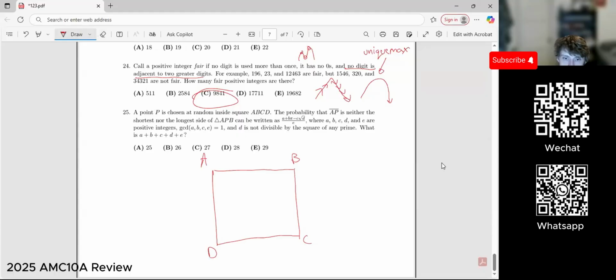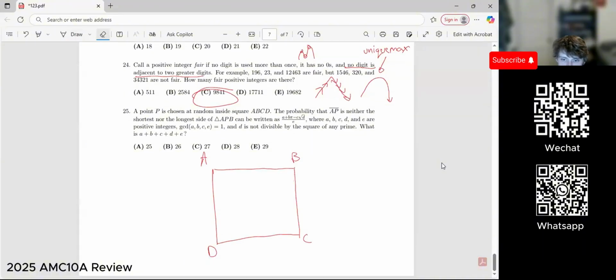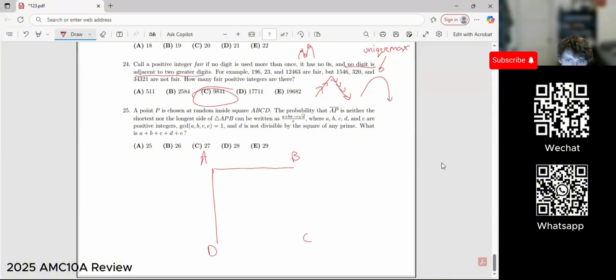So P is chosen at random. And we're interested in A a lot in this problem, so I'm going to draw a semicircle centered at A, passing through B and D. P is neither the shortest side nor the longest side.